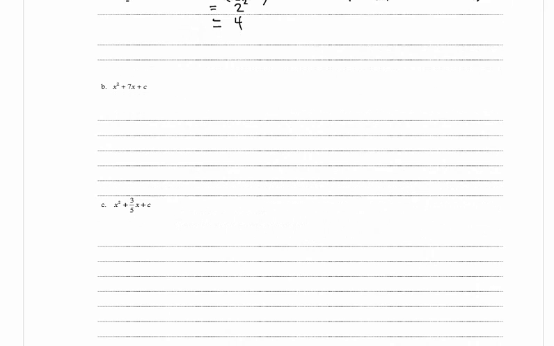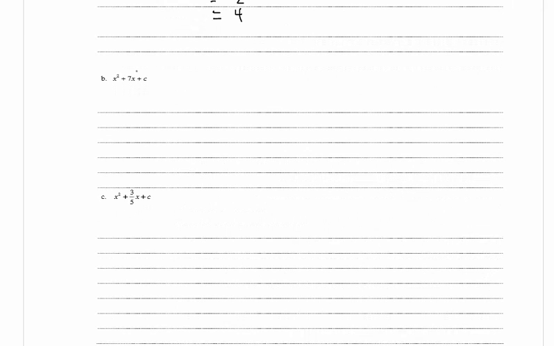In b, we have x squared plus 7x plus c, and our coefficient in front of the x is 7, so c is equal to 1 half times 7, all squared. And then we have 7 halves squared, which is equal to 49 over 4.